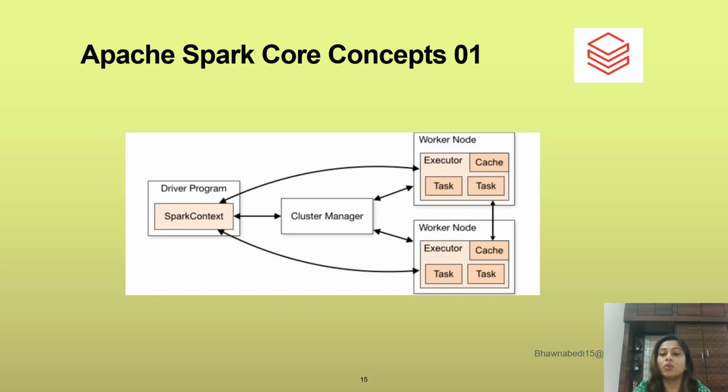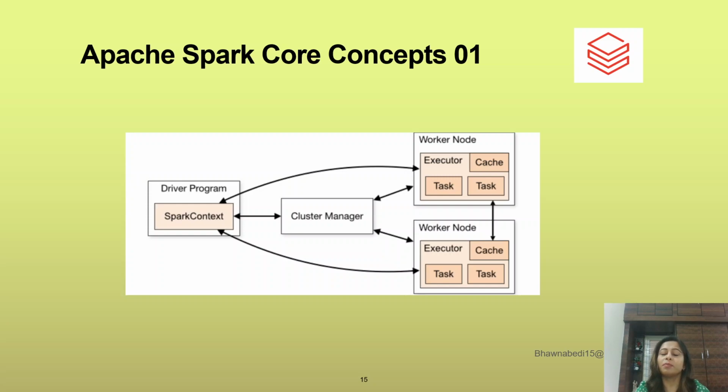In a similar way, you have something called worker nodes. If you see on the right hand side of this picture that I got online, this is a worker node and this is also a worker node. A worker node is nothing but a set of machines on which part of your code will run.